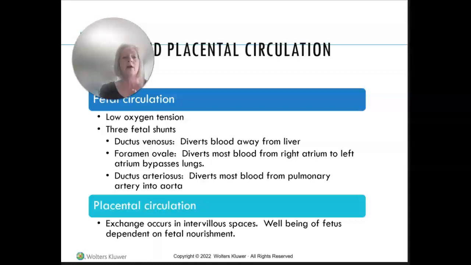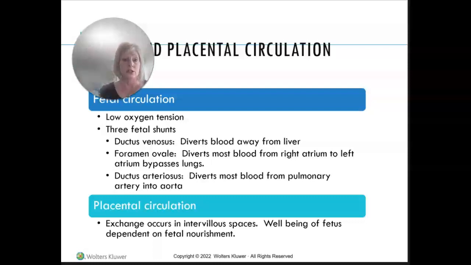This is where there is a hole between the right atrium and the left atrium. The right side of our heart has deoxygenated blood coming into it. The left side of our heart has oxygen in it. Well, there's a hole in between, so that blood's just going to mix. Oxygenated, deoxygenated, they're going to play together really well.